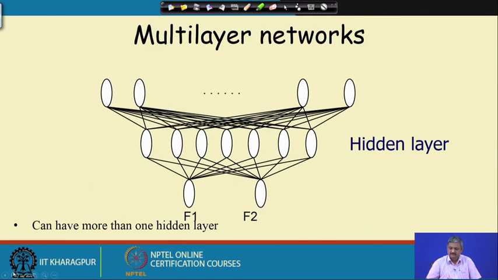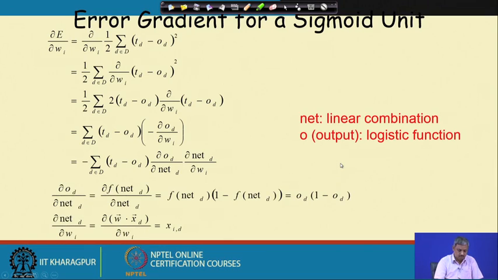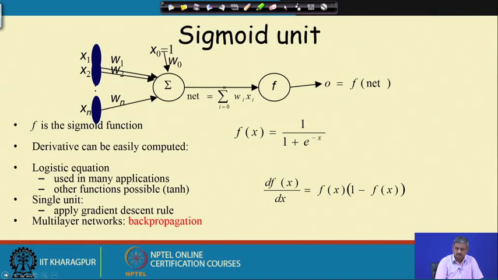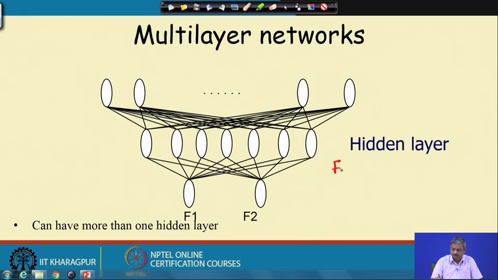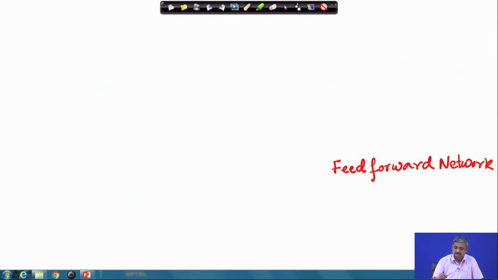So, as I have told, please note down the structure, this is the multilayer structure. This is also called a feed forward network. Actually, let me clearly draw the thing.